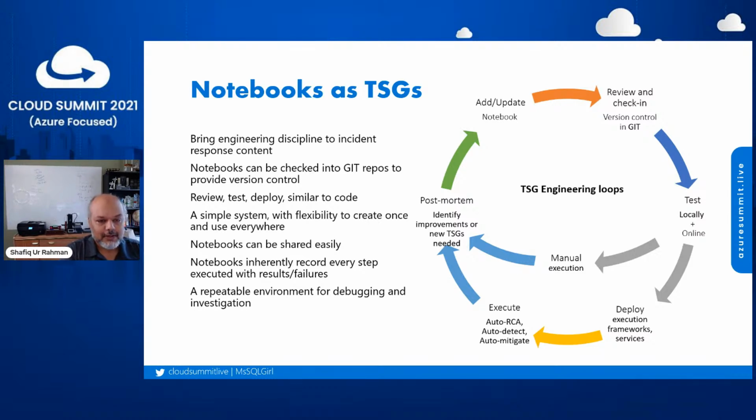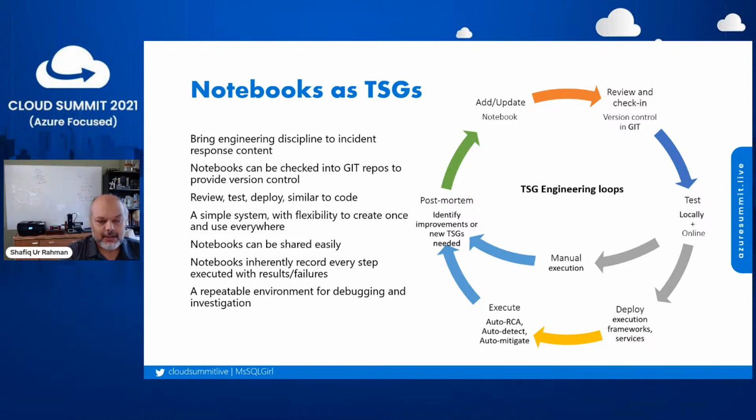If you look at the diagram on the right, those are a couple of loops we've identified where we think this is how troubleshooting guides are used, and that's what we've seen on our teams. So you add and update a troubleshooting guide. If you think about notebooks, you would change the notebook.